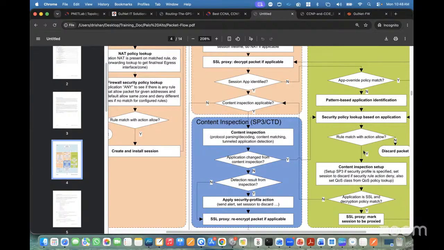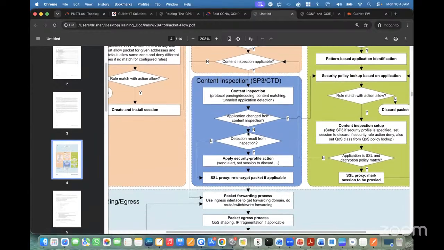If it is allowed, then yes. If it is not allowed, then no. It's very important: even if your content changes, the firewall identifies the different application you are trying to use. So the firewall is very intelligent. It will find that, and based on that, it takes action.